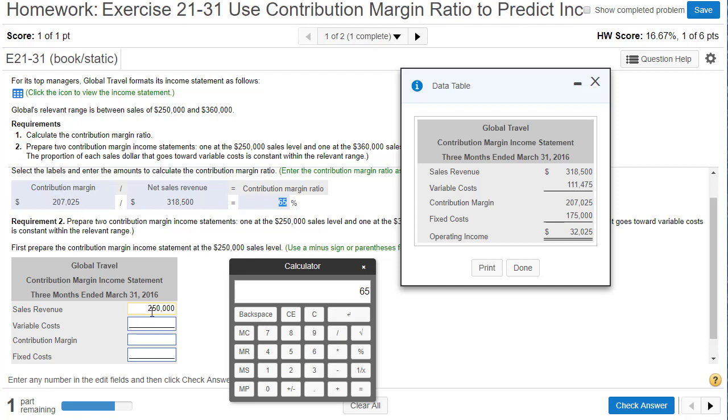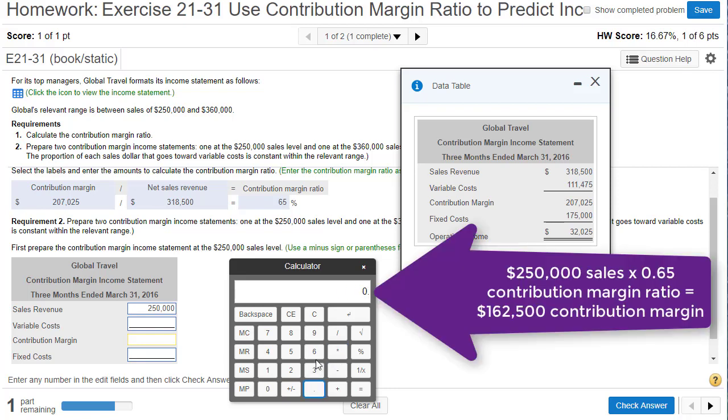In other words, 65% of the sales is going to be contribution margin. So 250,000 times 0.65 equals 162,500. That is our contribution margin.